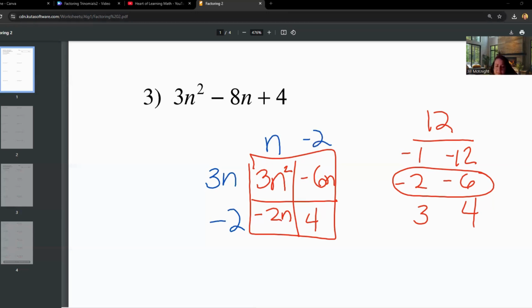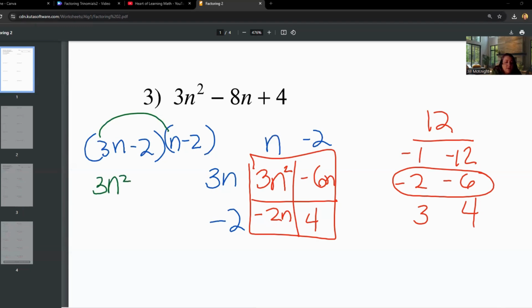All right, let's see if we did this right. 3n minus 2 times n minus 2. All right, we're going to FOIL. 3n times n is 3n squared. 3n times negative 2 is negative 6n.